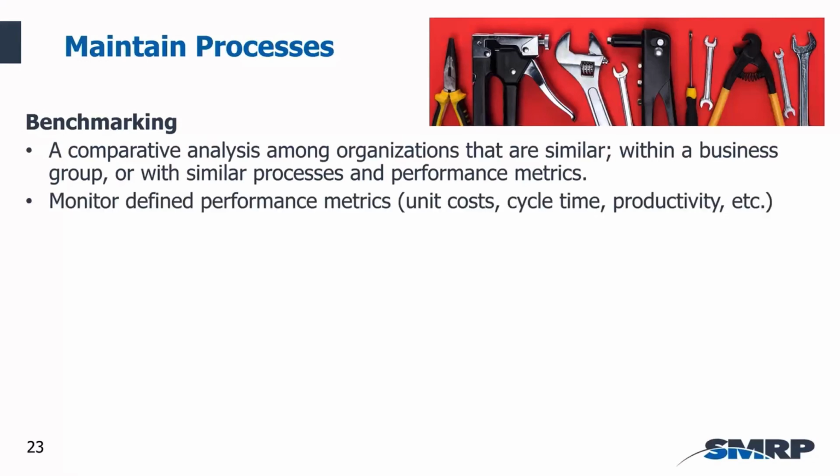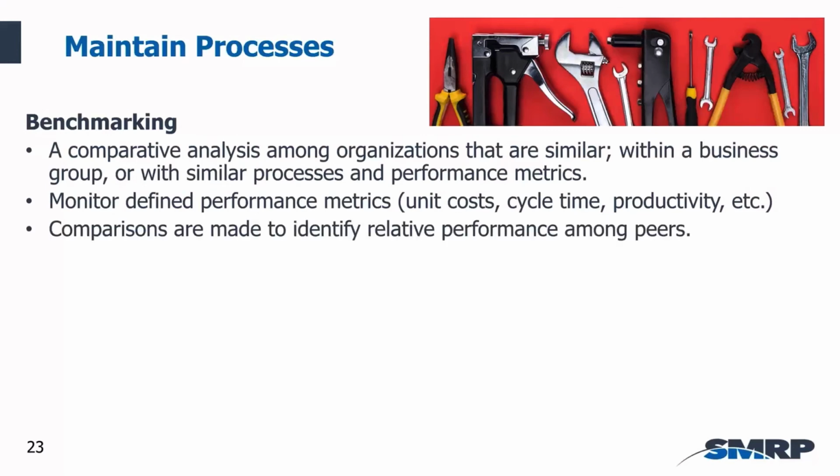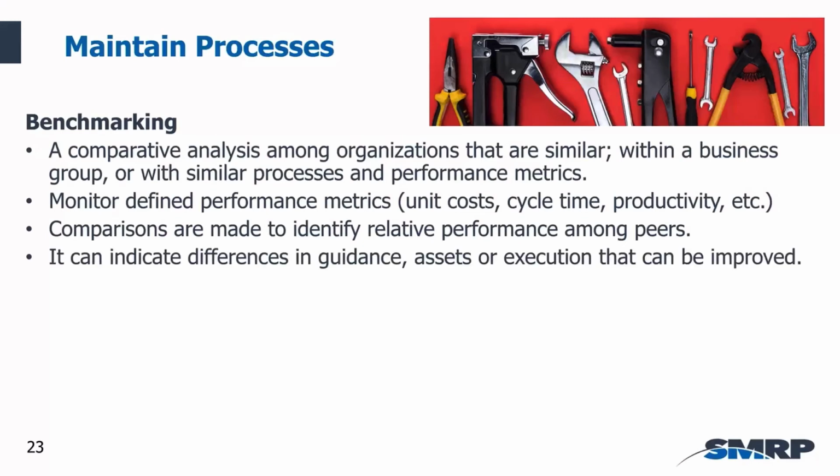What we want to do is monitor defined performance metrics, and some of the more commonly used ones are things like unit cost or cycle time and productivity. We want to make comparisons so that we can identify the relative performance among peer groups. And it can indicate differences in guidance, assets, or execution that we can then pinpoint and improve.